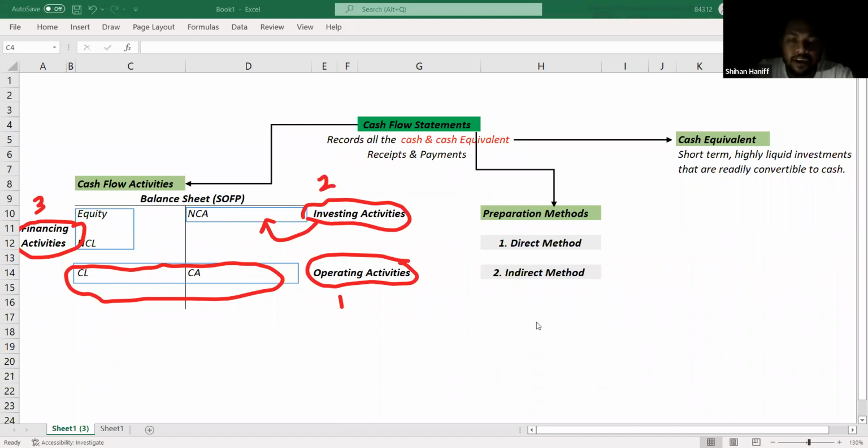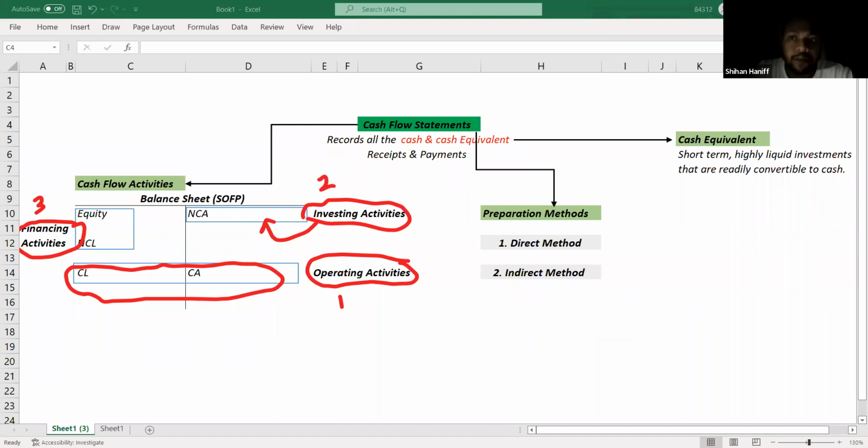Tell me dividend income. Dividend income. You understand dividend income is also received because you have invested in other companies, investment in shares. So that is received for investment.